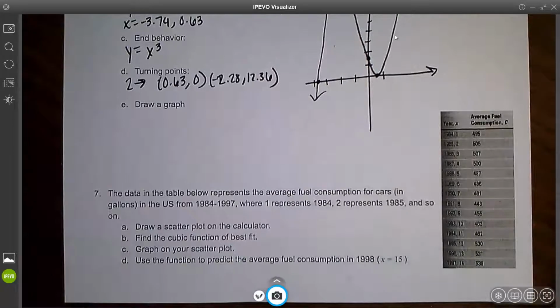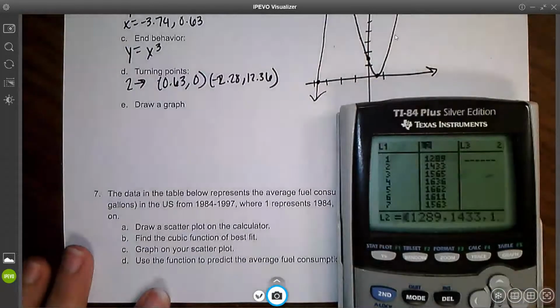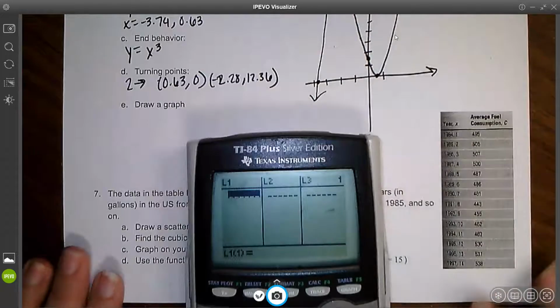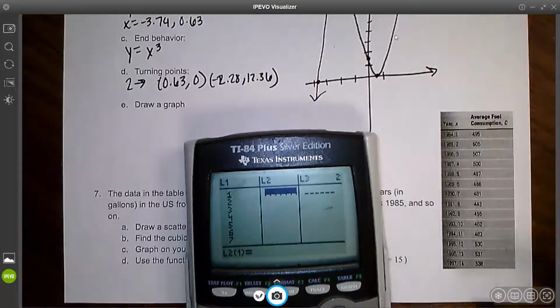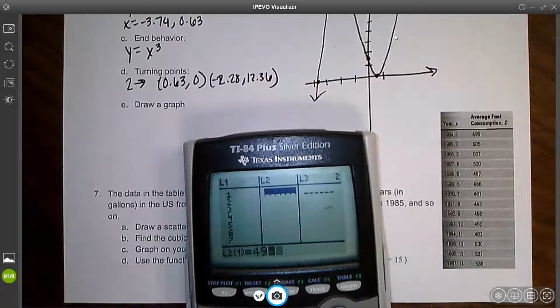So I'm going to go to Stat, Edit, clear out whatever lists may be in there, and I'm going to type this in. I'm going from 1 to 14. And then here I'm typing in my average fuel consumption.